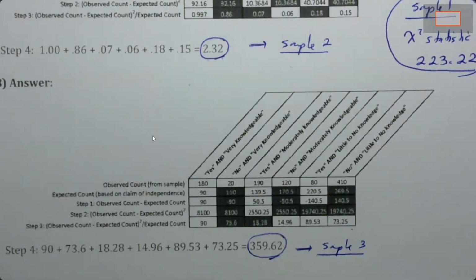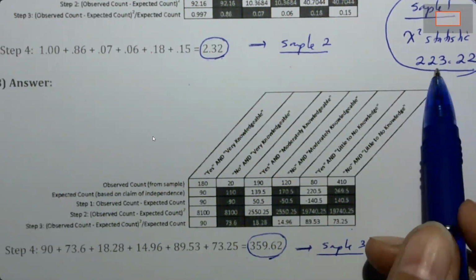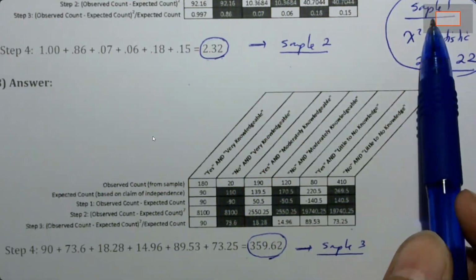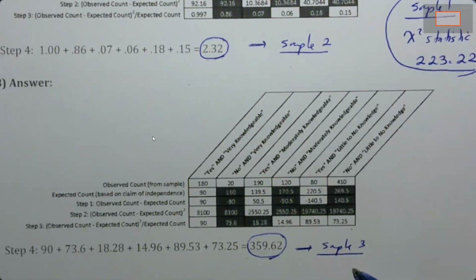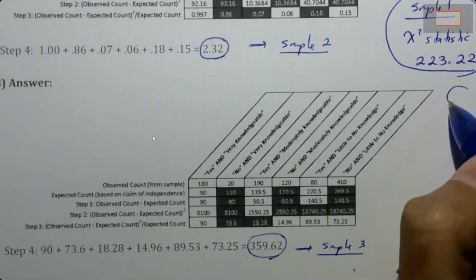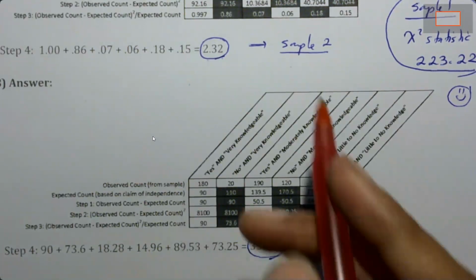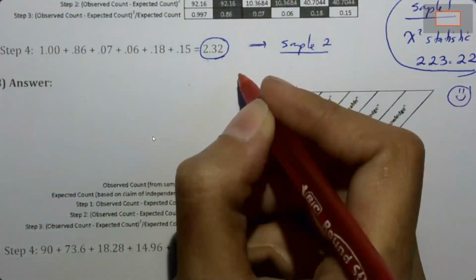Between these 3 chi-squared values, which one represents the strongest evidence? When it comes to chi-square, we're interested in larger numbers. So between sample 1, sample 2, sample 3, the vote goes to sample 1 and also sample 3. But we're not happy about a small number like 2.32.